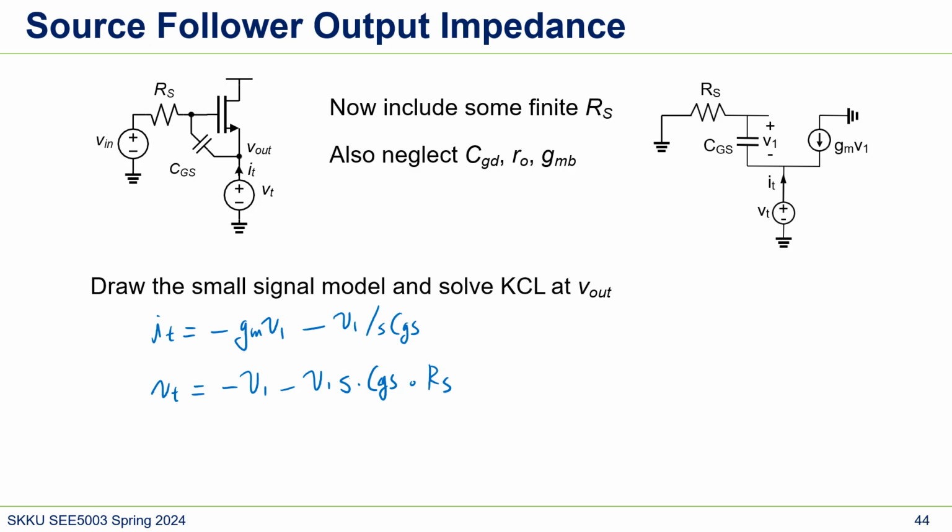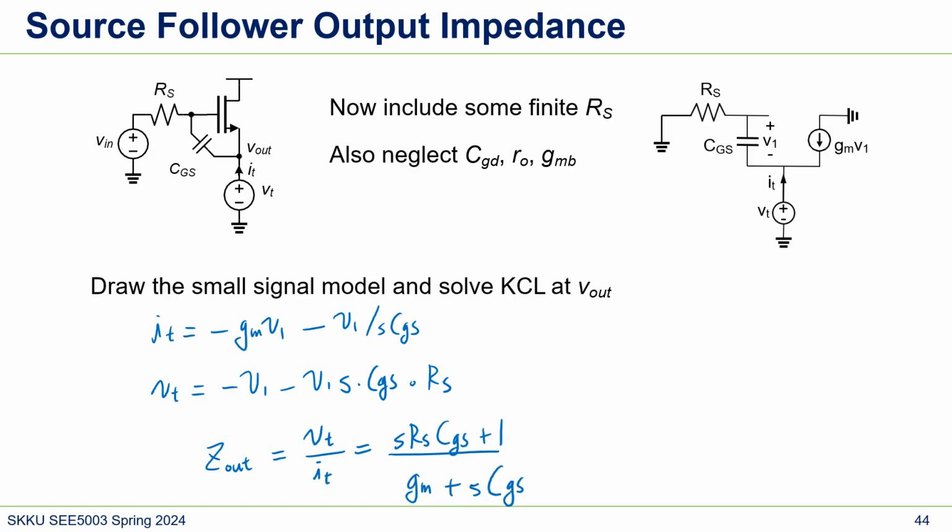So if you use these two equations, what we got is the output impedance Z out is VT over IT. Now if you do some math, it will be 1 plus SRS CGS over GM plus SCGS.